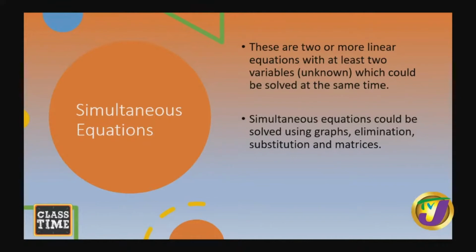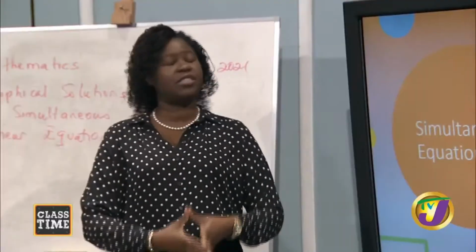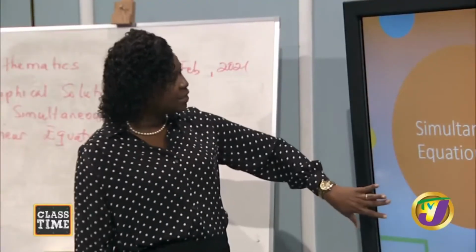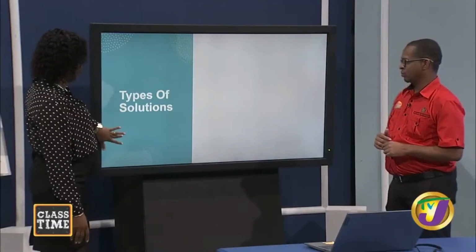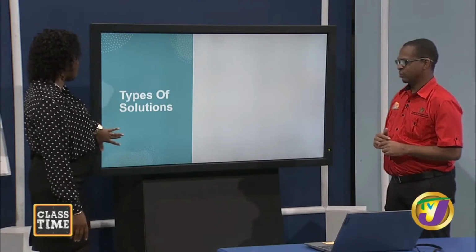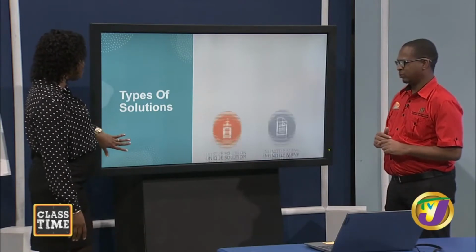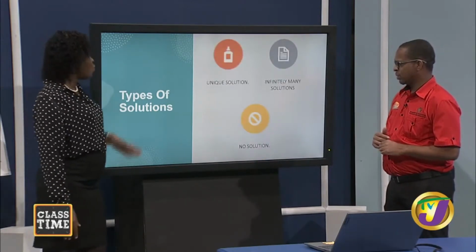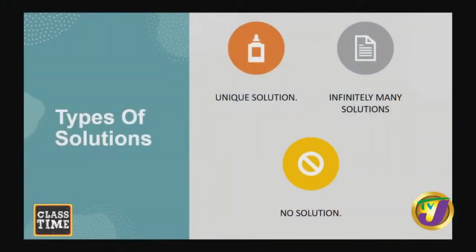Yes. All right, so that's the focus of our lesson today, solving simultaneous equations graphically. So let's get into that. Now, with simultaneous equations, there are different types of solutions. We have unique solutions, infinitely many solutions, or no solution. Wow.